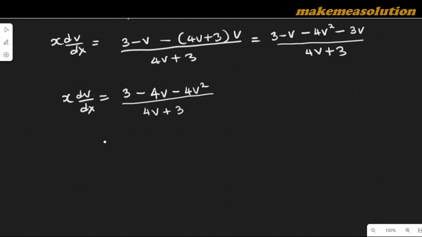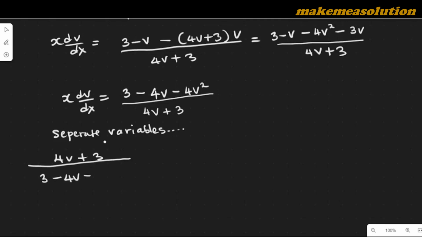So continuing in this vein, we can now separate the variables. So separating the variables, we'll have (4v plus 3) all over (3 minus 4v minus 4v squared) dv is equal to 1 over x dx.